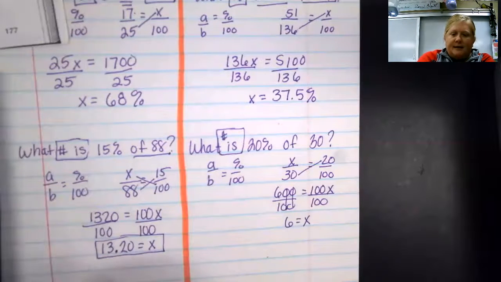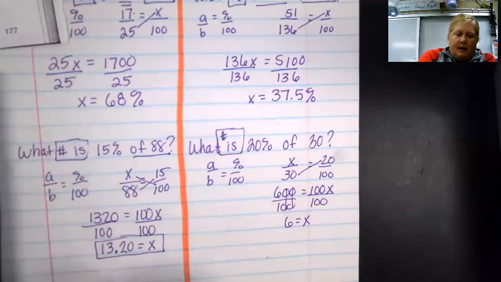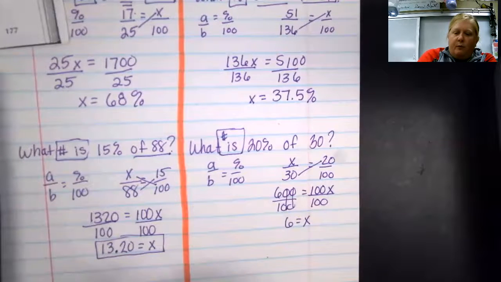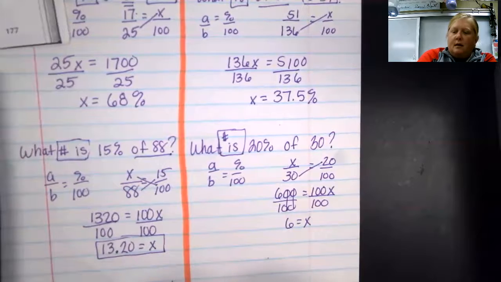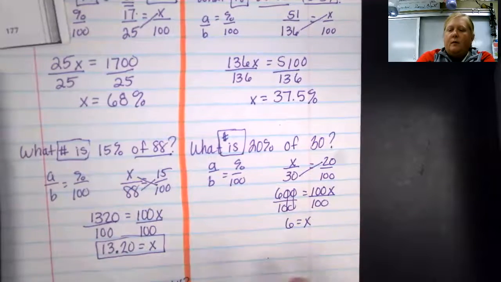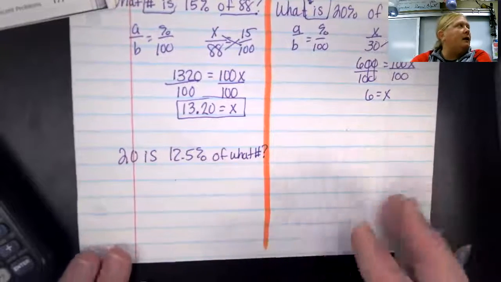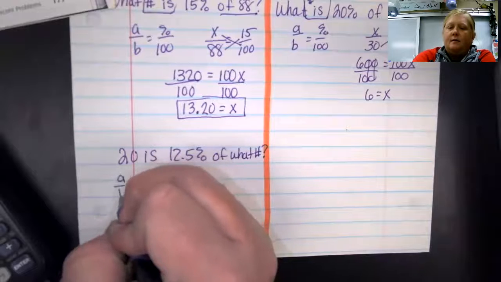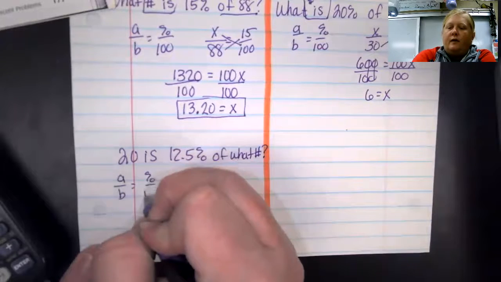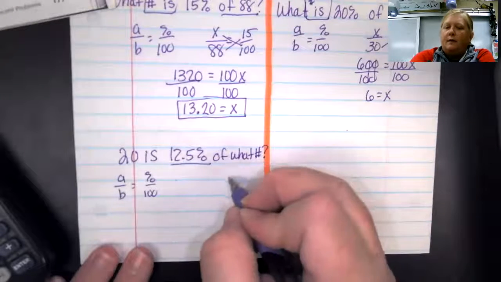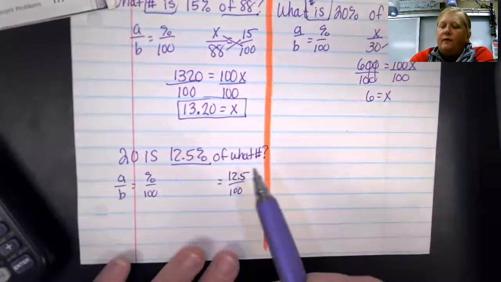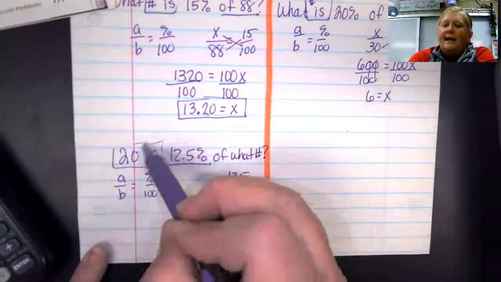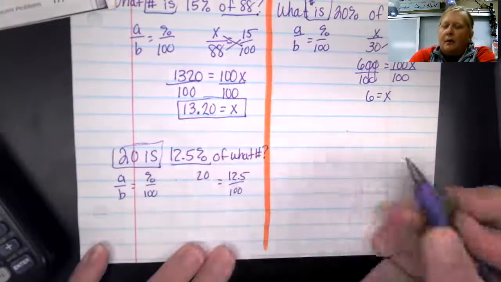All right, last type. 20 is 12.5% of what number? Okay, here we go. 20 is percent over 100. So do the easy part. Get your percent in there. Now look for the clues. 20 is, that goes on top.